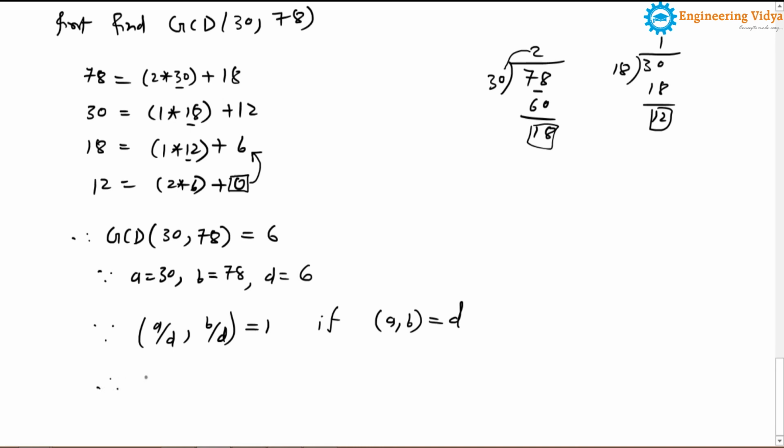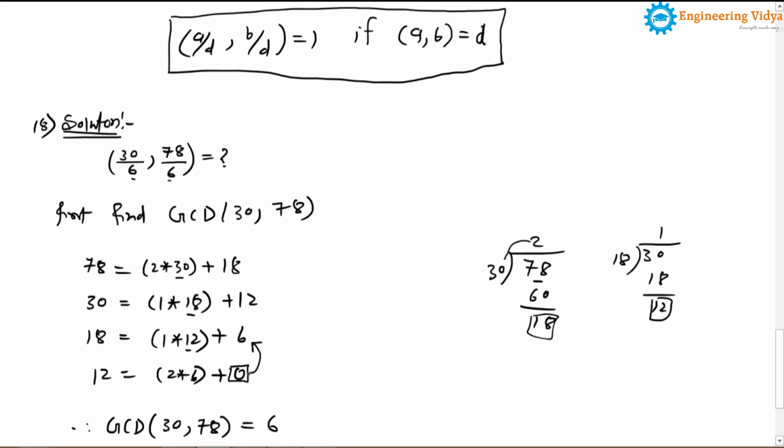A is 30 and D is 6, so 30 by 6, and B is 78 and D is again 6, so 78 by 6, equal to 1. I hope this is clear to you. So the answer for 30 by 6 and 78 by 6 is nothing but 1 only. So we have solved this problem also.